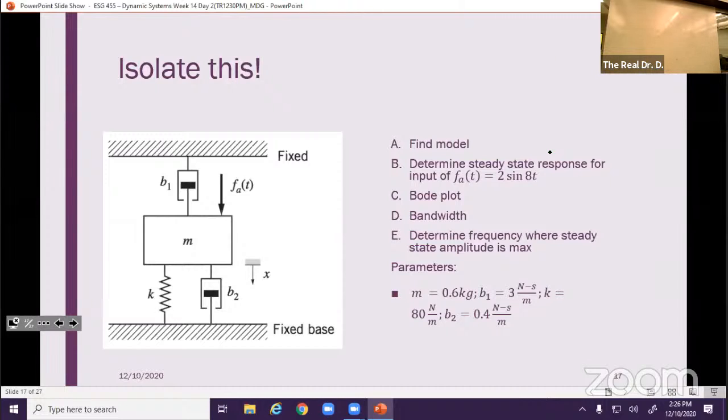We want the Bode plot, so we're going to use MATLAB to get it, because we need to find the bandwidth, and trying to find the bandwidth from your asymptote plot is not going to turn out well. Finally, we want to determine the frequency where the steady state amplitude is maximum.